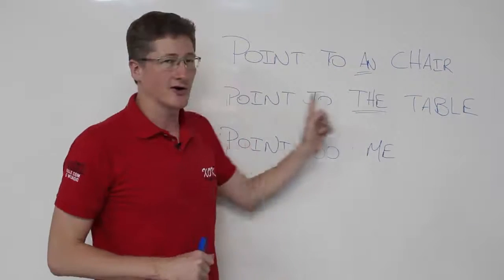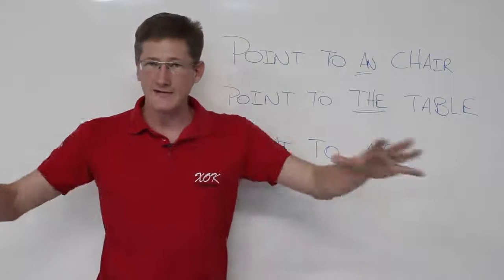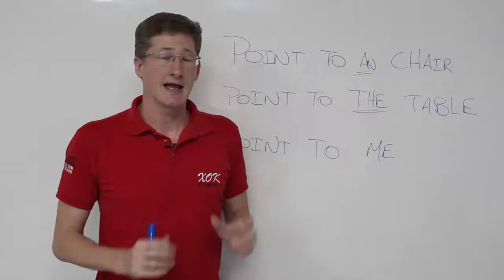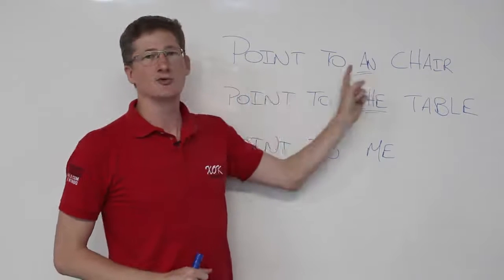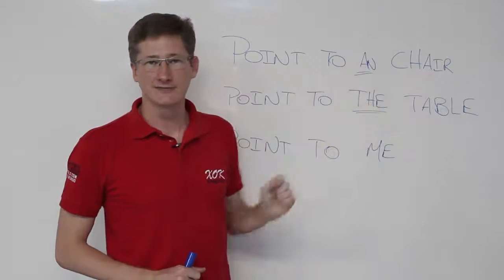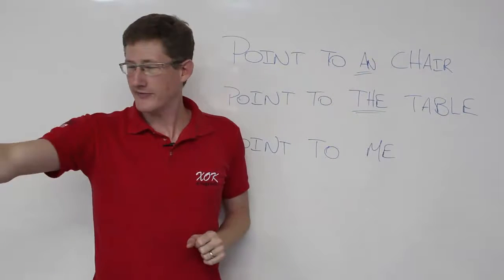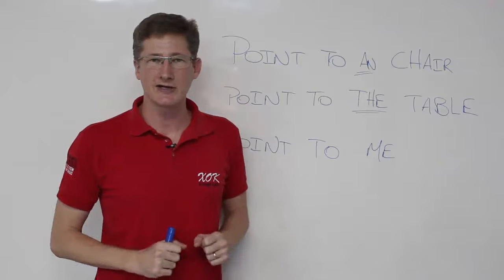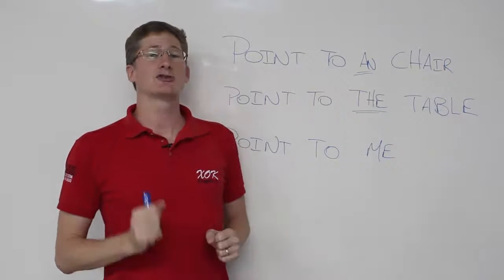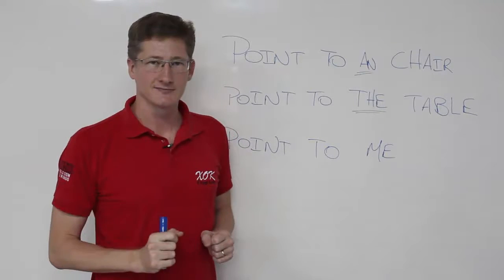Okay? Now, there are times when we have a group of objects and we're specifying one of them. So, for example, I could say point to a chair and you point to one. We have 30, 40 chairs here. You point to one of those chairs. Then I say point to the chair. All right?